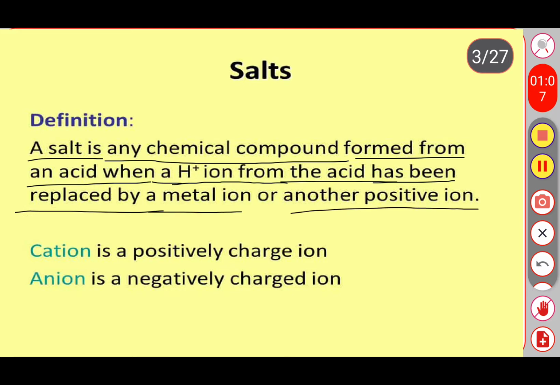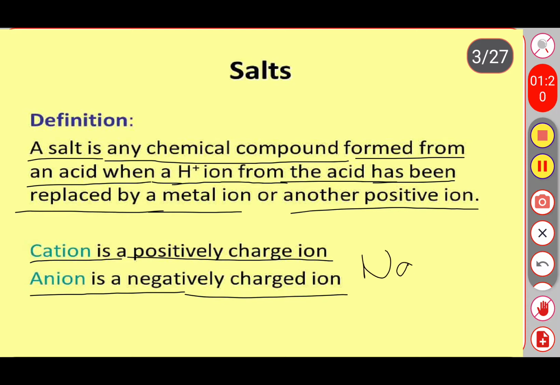For example, each and every salt compound has a cation, which is a positively charged ion, and an anion, which is a negatively charged ion. If I take NaCl, what is this? Sodium chloride.